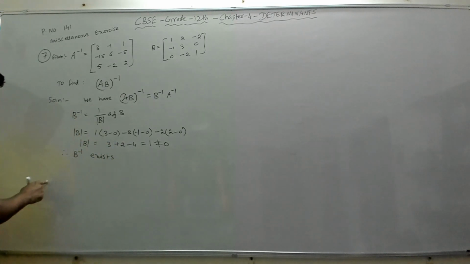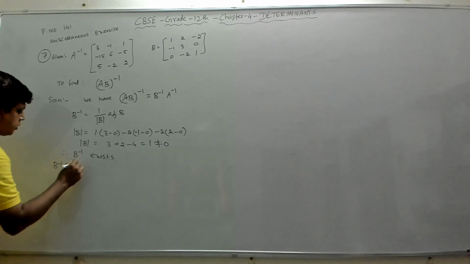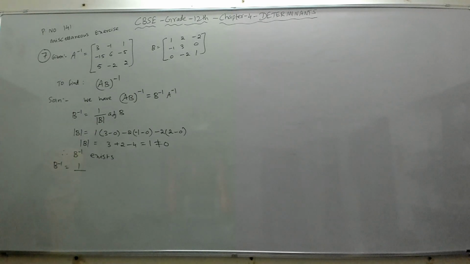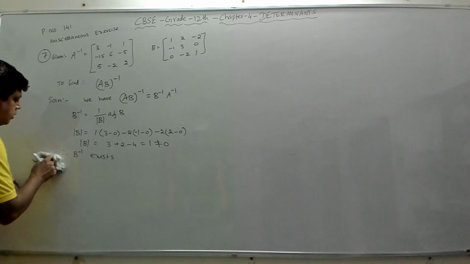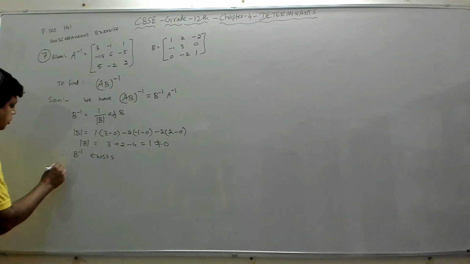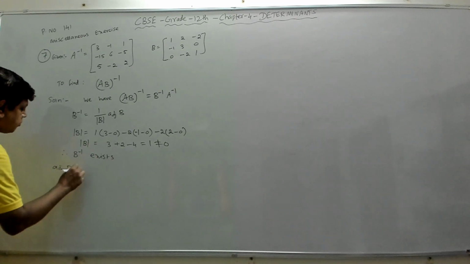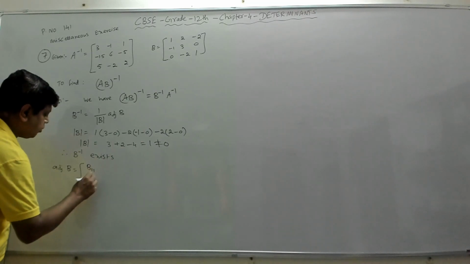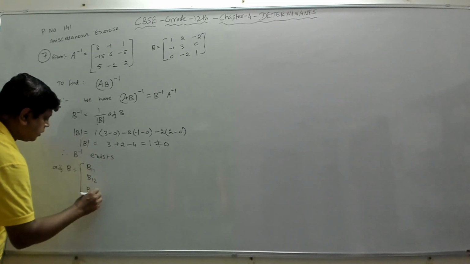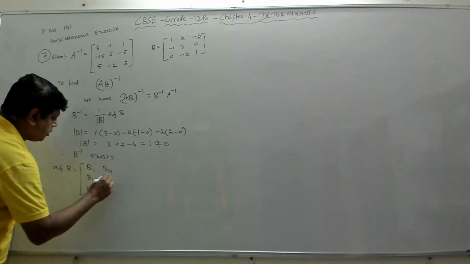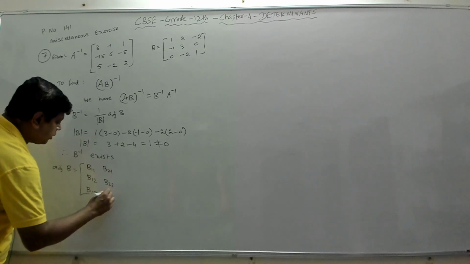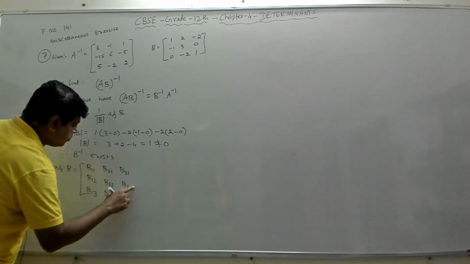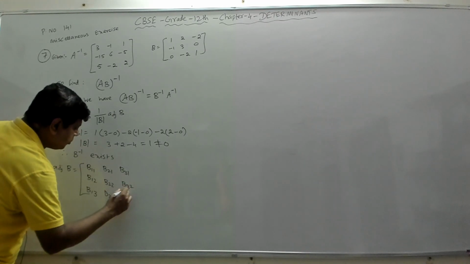Therefore, B inverse exists. And what is B inverse? B inverse is 1 by determinant of B, and we have the formula here, so I don't want to write it again. We'll find adj of B. Adj of B is B11, B12, B13, B21, B22, B23, B31, B32, B33.